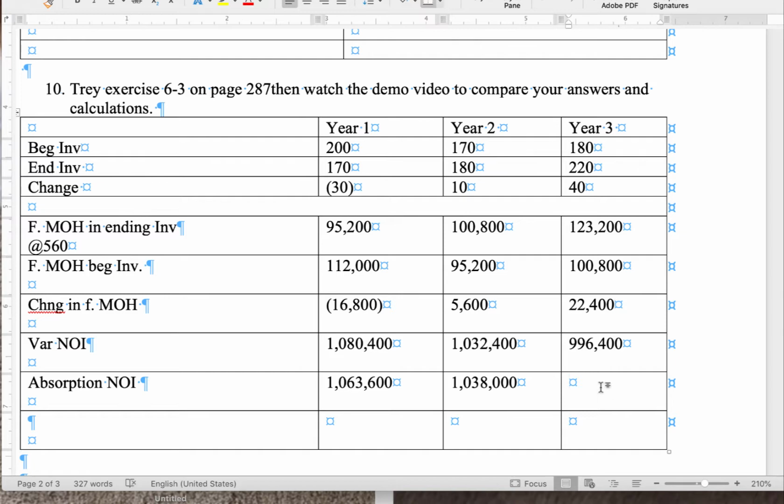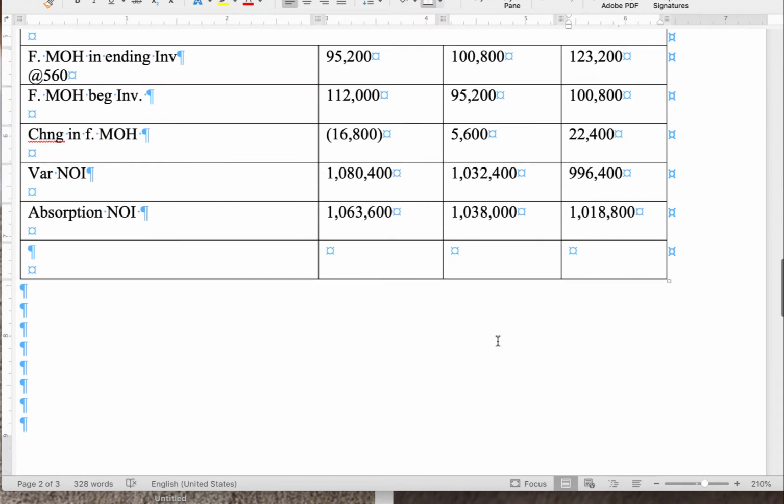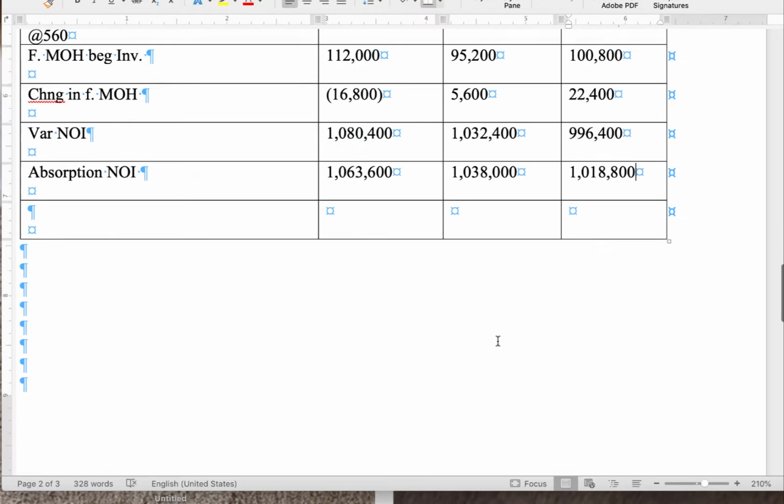So I'm going to add $996,400 plus $22,400. If my math's right, I get $1,018,800. That was number 10.